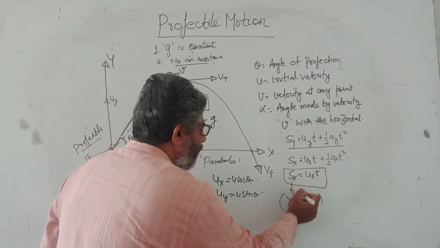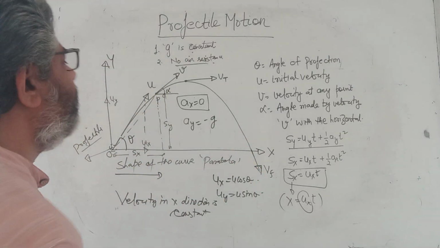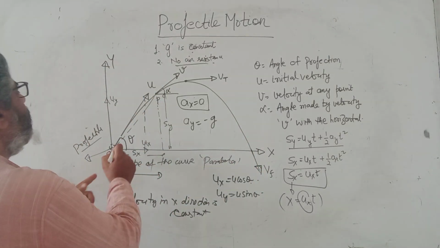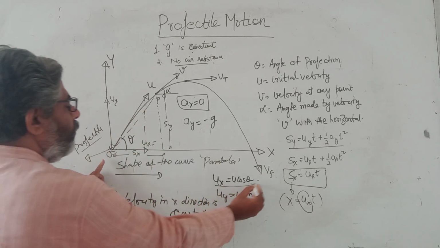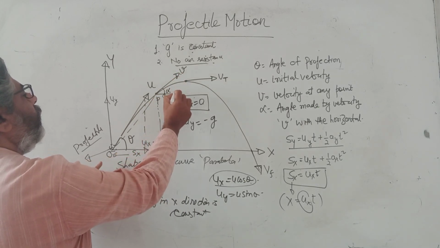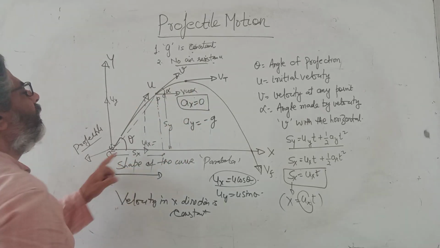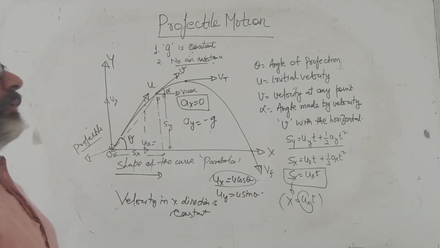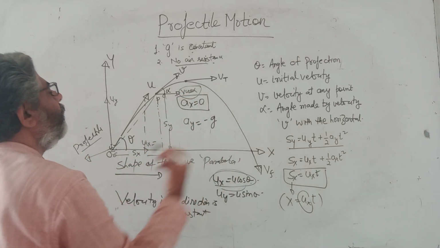Now what I told you is that ux is always the same everywhere. So just see here, what is ux here? U cos theta. Now if you find, let us say, the horizontal component of velocity at this point, it is v cos alpha. So the very important point is that v cos alpha is equal to ux, u cos theta.